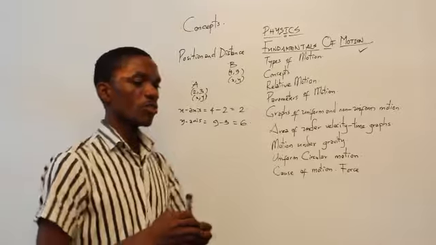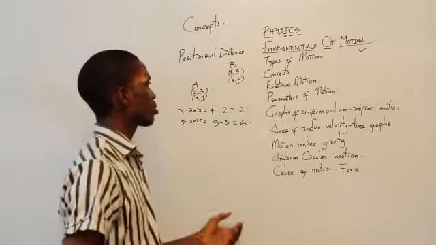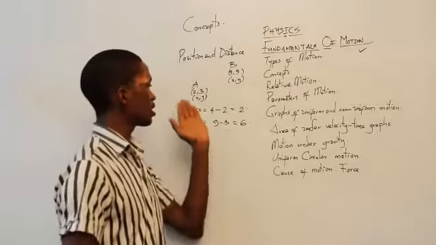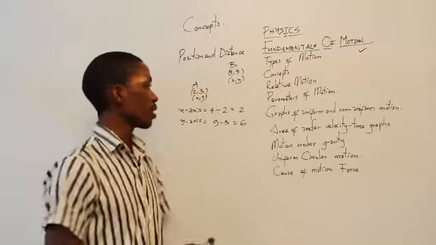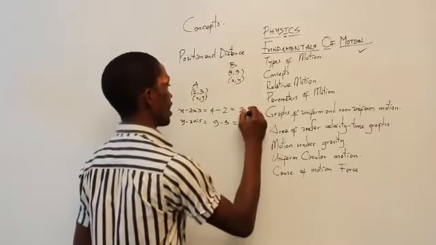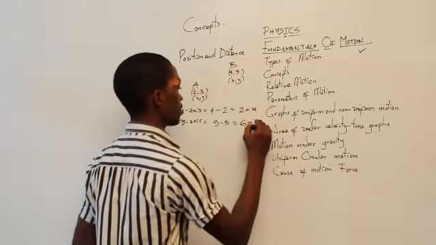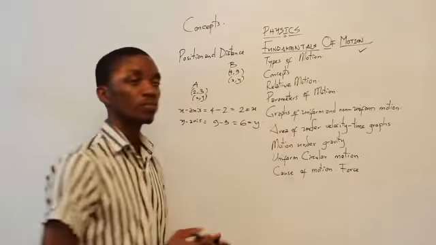Now, I don't just go and say, okay, the distance between both of them is 2 plus 6. No. Now, I want to call this my x value, and this my y value.